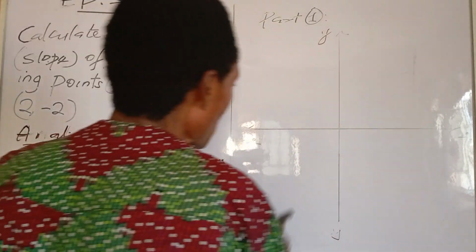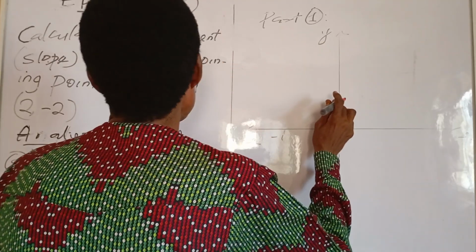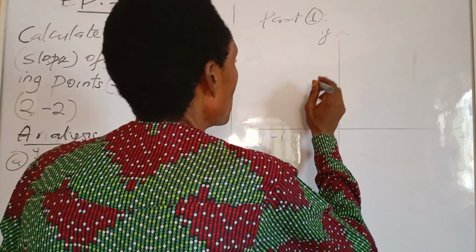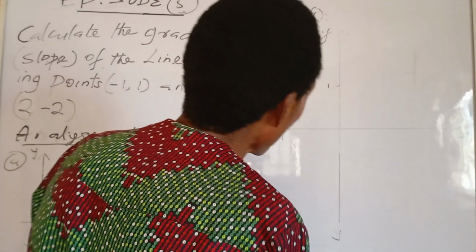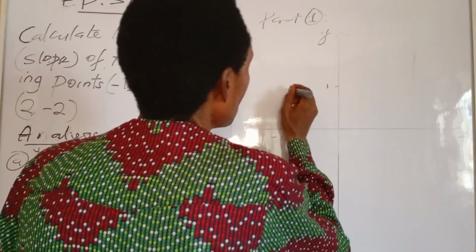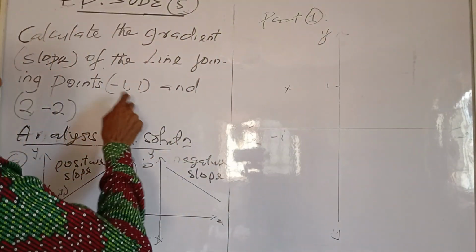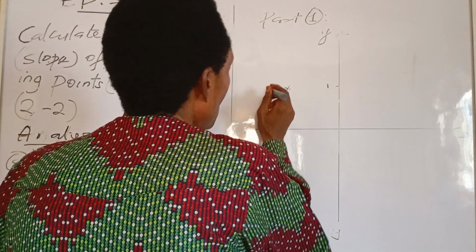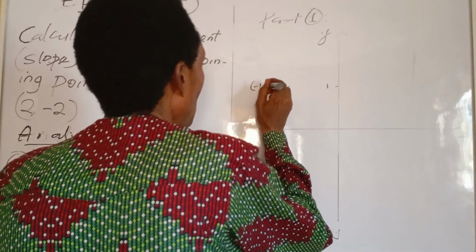Let's assume that here is our negative 1, and here is our positive y. Then you trace from here to here. This is where they meet, so we mark it. So the coordinate point becomes (-1, 1).